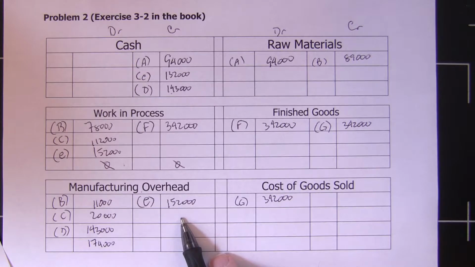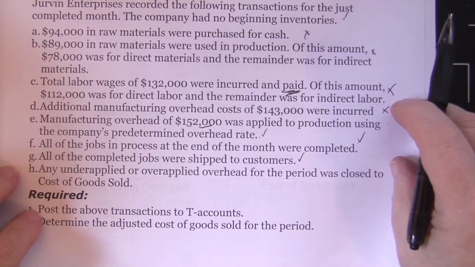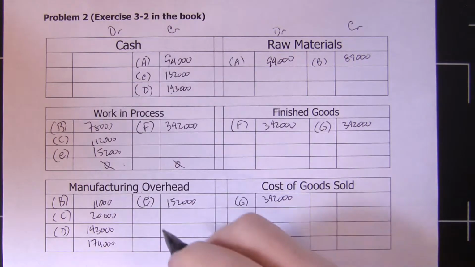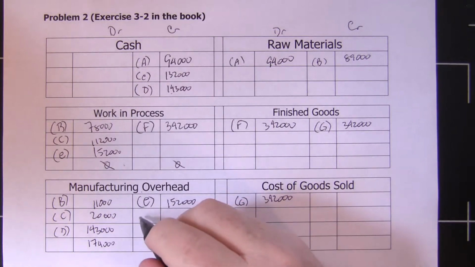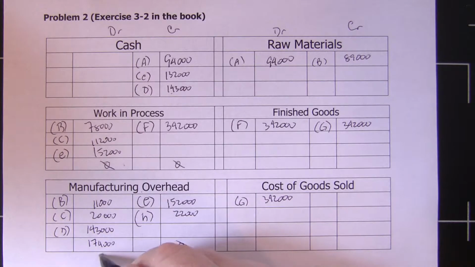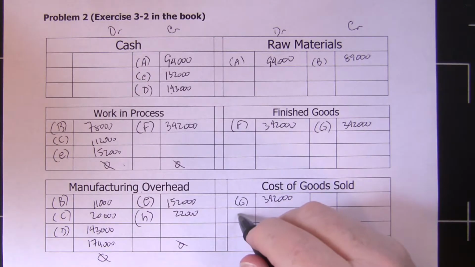We applied 152. So they tell us we close any over or under applied, and in this case it's under applied, to cost of goods sold. So our last transaction, H, will be the $22,000 to balance that, and that goes to cost of goods sold.